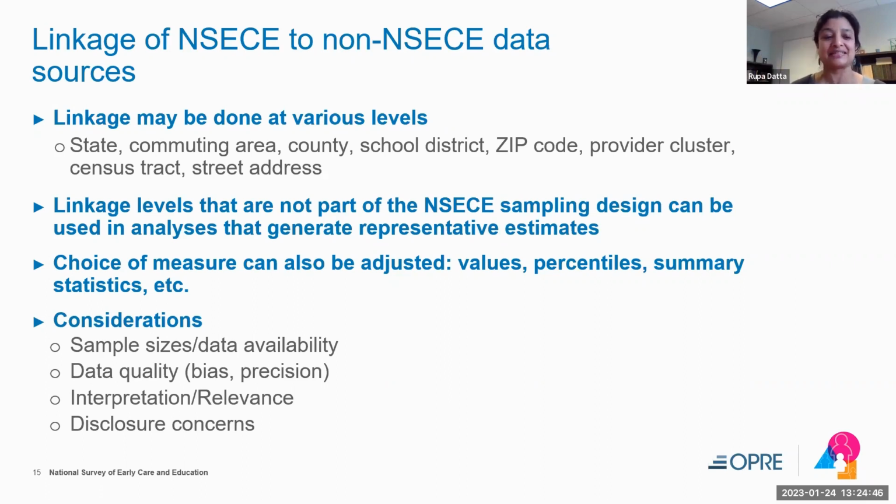You may have others in mind. The linkage level, whichever of these you choose, does not have to be embedded in the NSECE sample design. You can pick whatever geographic unit you want for linkage. Sometimes that'll be dictated by how your external data are structured.